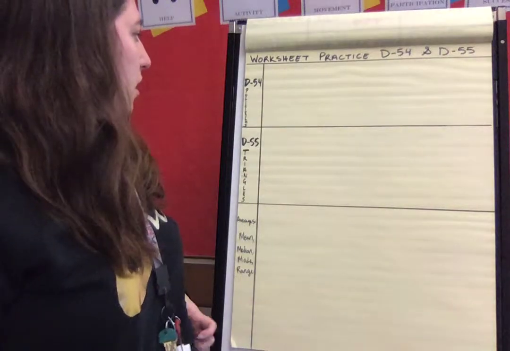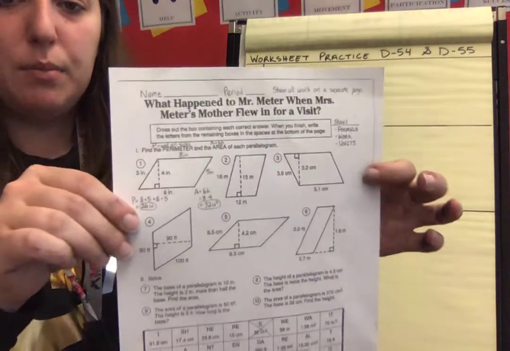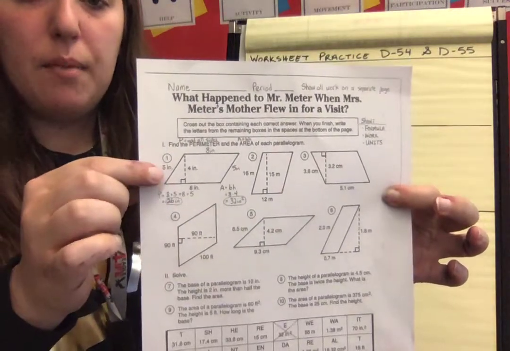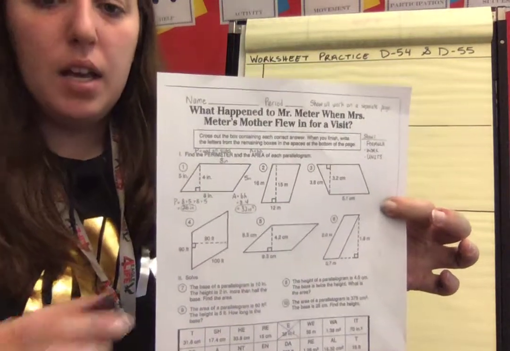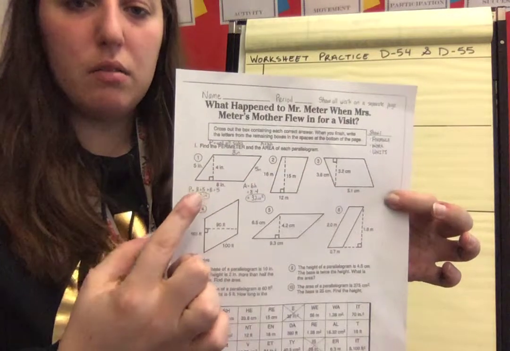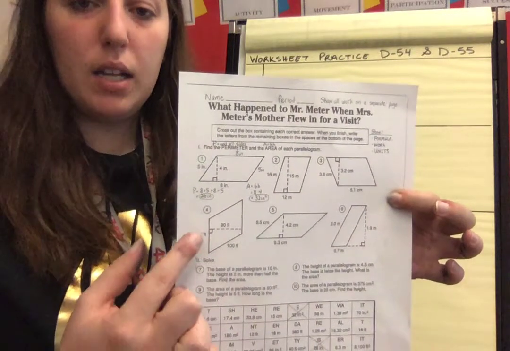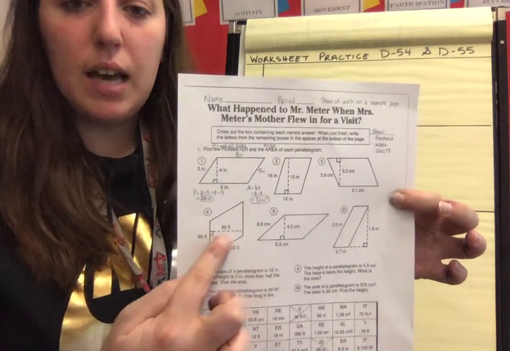So today, first thing we're going to practice is with parallelograms. Like I said earlier, there's many different ways you could draw a parallelogram. And in here we see some standard parallelograms. Over here we see one that is not upright, and so the height we see is sideways.